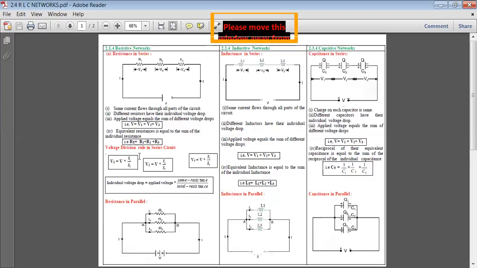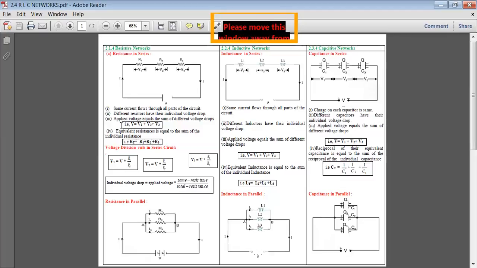So, the voltage division rule in a series circuit. I want to discuss this. V1 is equal to V multiplied by R1 by RT. V2 is equal to V multiplied by R2 by RT. It is not a star, it is multiplication.